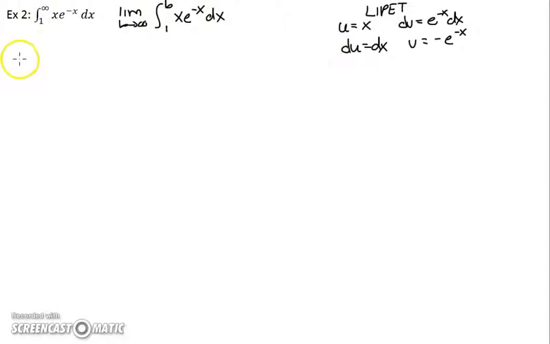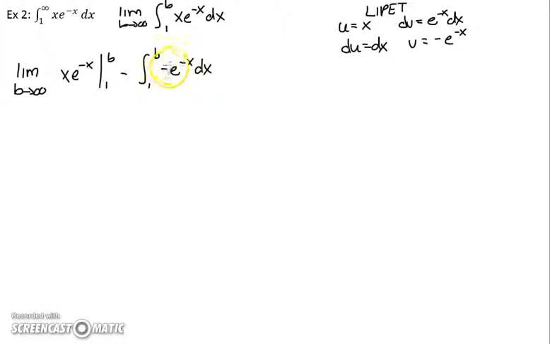So we can look at this now as the limit as b approaches infinity of uv, so x e to the negative x, evaluated from 1 to b, minus the integral from 1 to b of v du, so negative e to the negative x dx.